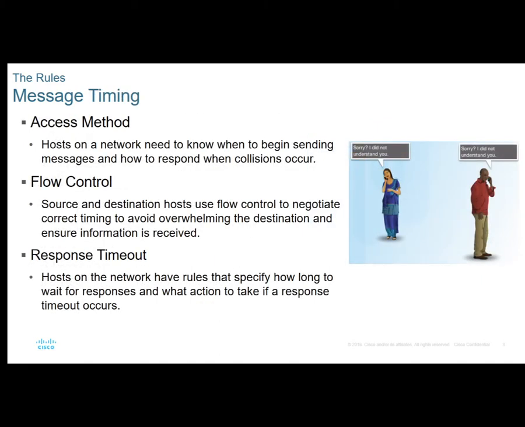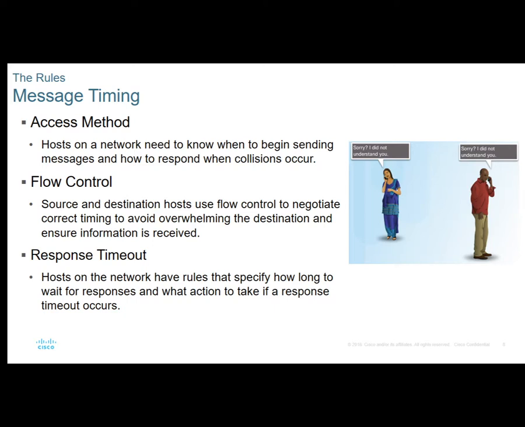So there's also message timing, which is part of the rules. The access method: hosts on a network need to know when to begin sending a message, and how to respond if a collision occurs. Because if something else puts data on that wire, or on that network cable, there's going to be a collision, and then we won't know which one of them was the right one.